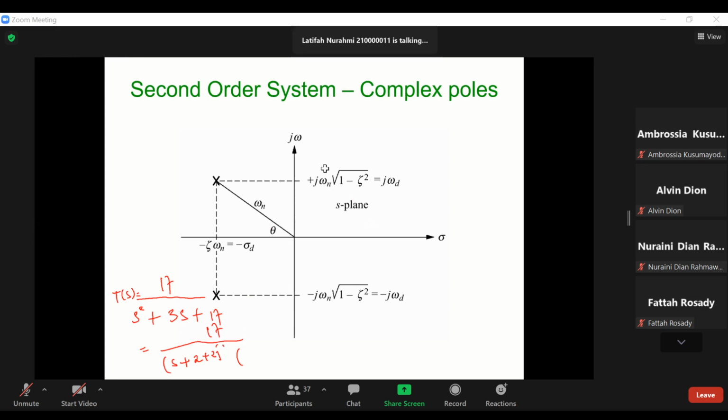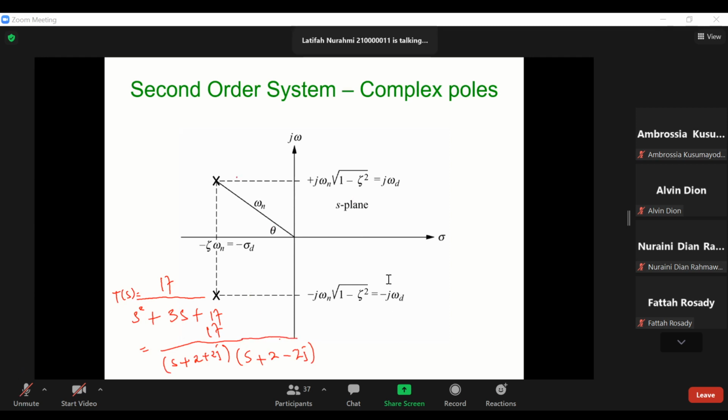And this becomes the counterpart, s plus 2 minus 2j. Okay? So the factors are complex.